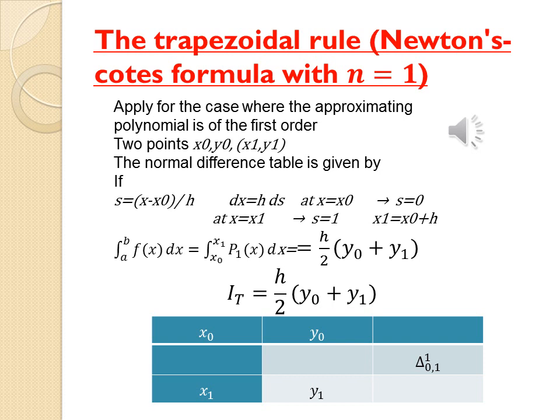If I have x0, y0, first point, second point is x1, y1. Make interpolation as before: we make this table x0, y0, x1, y1, and the first difference is delta 1. So the polynomial is y0 plus delta 1 s. You remember k here is called s. So what is s equal? x minus x0 over h.